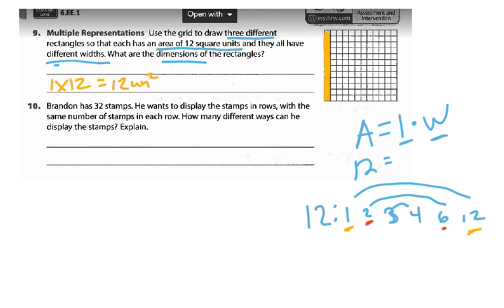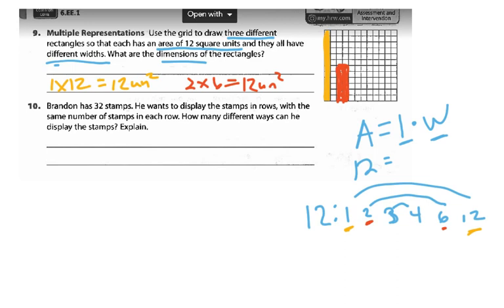So if I went over 2, 1, 2, and then up 6, and I shade that in, 2 by 6, that's another way that I can have 12 square units. So that's 2 by 6, and that's also 12 units squared.